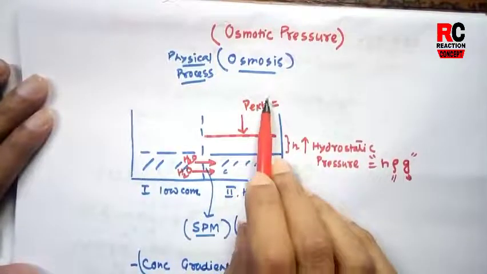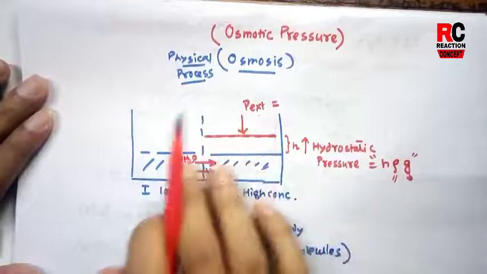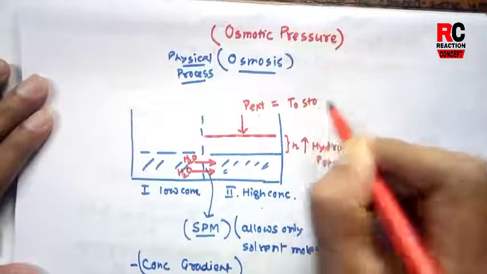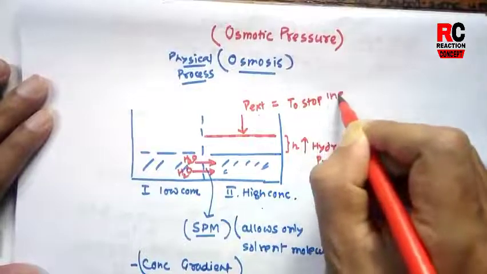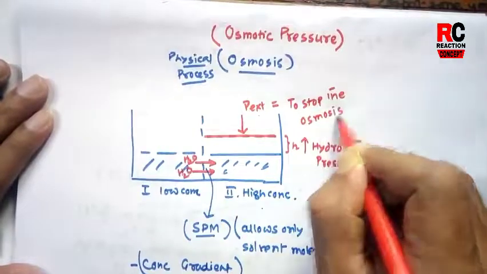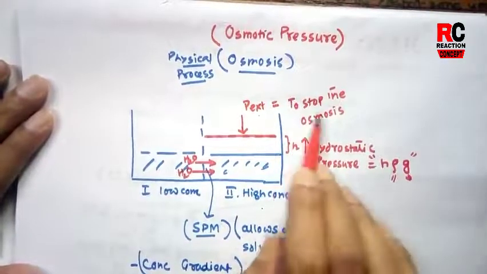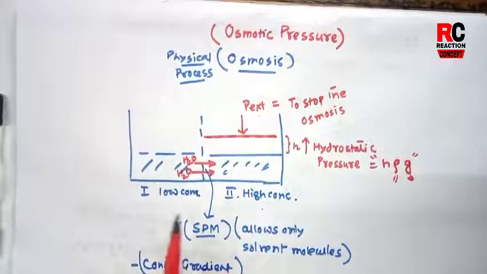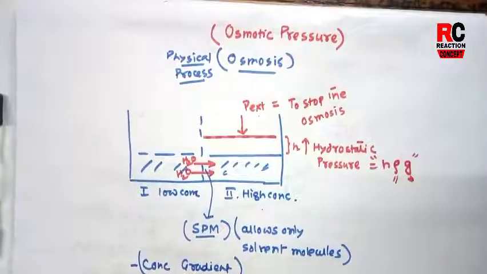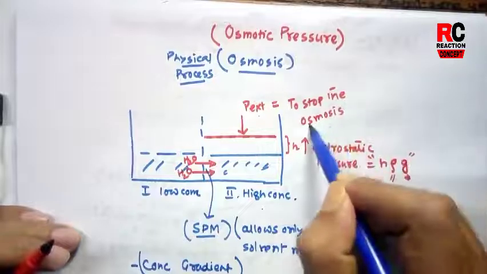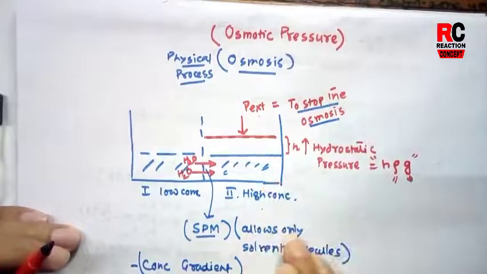The amount of pressure that you should apply to stop the osmosis is called osmotic pressure. So what is osmotic pressure? It is the amount of external pressure that should be exerted on the surface of the solution to stop the osmosis process, and it is called osmotic pressure.